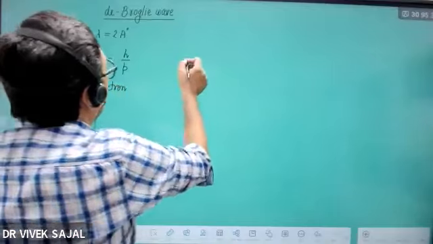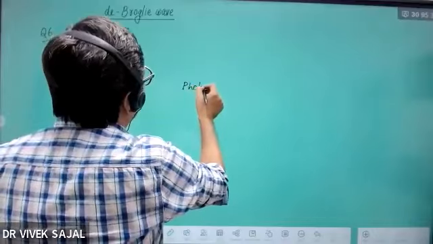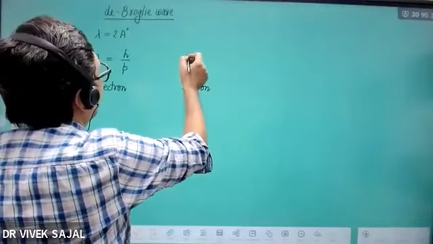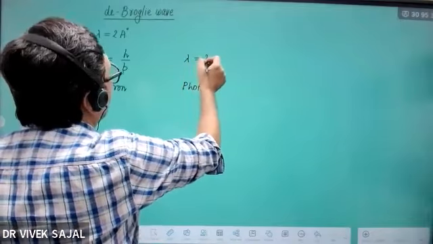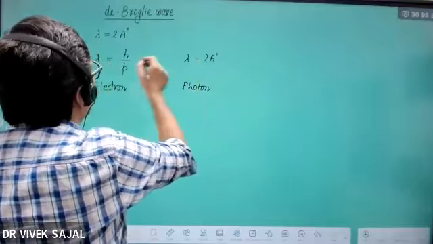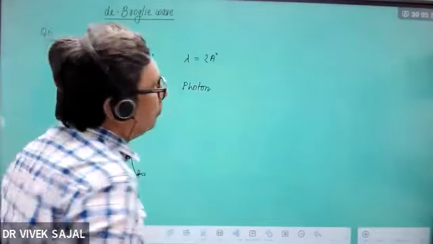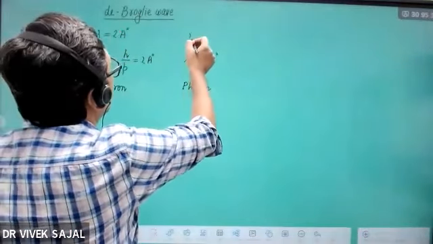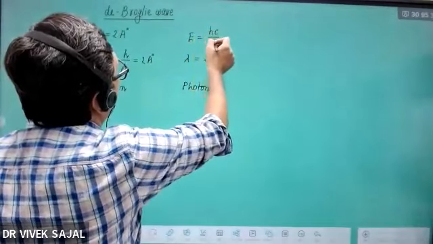And if you are talking about the photon, this will be lambda. Okay? Lambda is 2 angstrom for both. For the photon, energy is given by hc upon lambda.